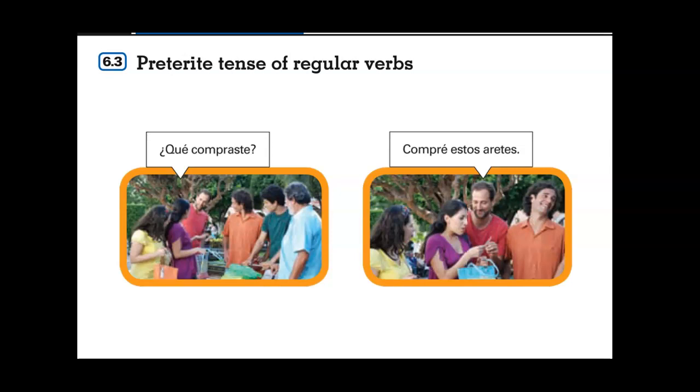Here's some examples. ¿Qué compraste? We know that because of aste, I'm asking you a question. What did you buy? Response: compré estos aretes. I bought these earrings.